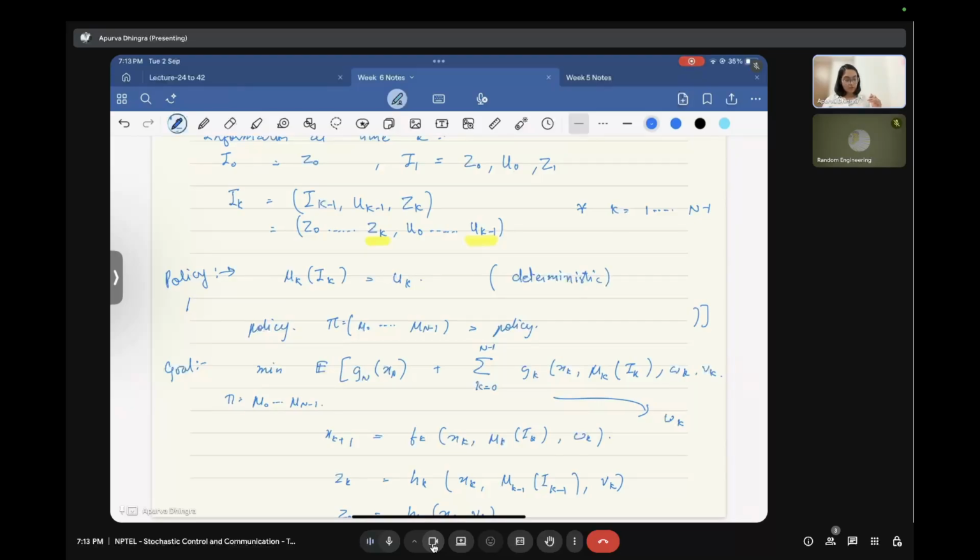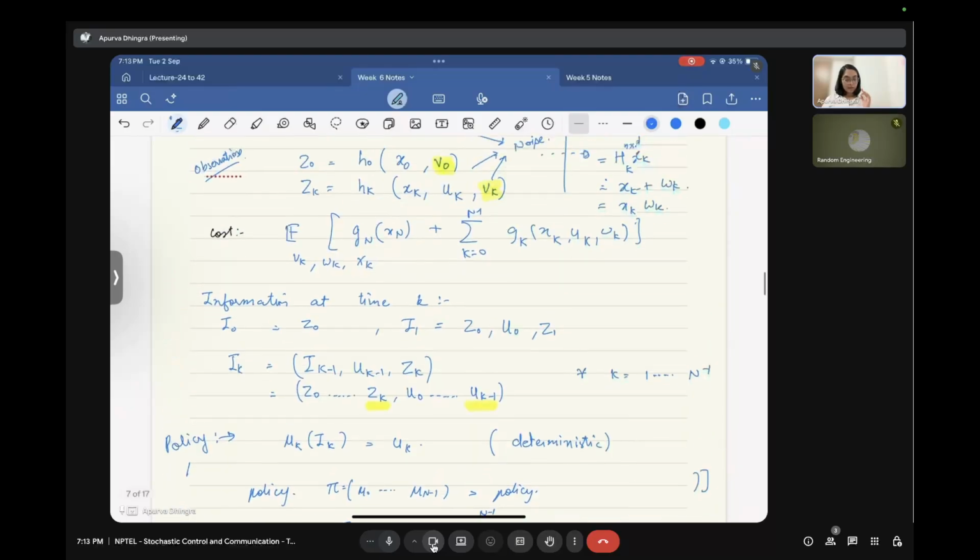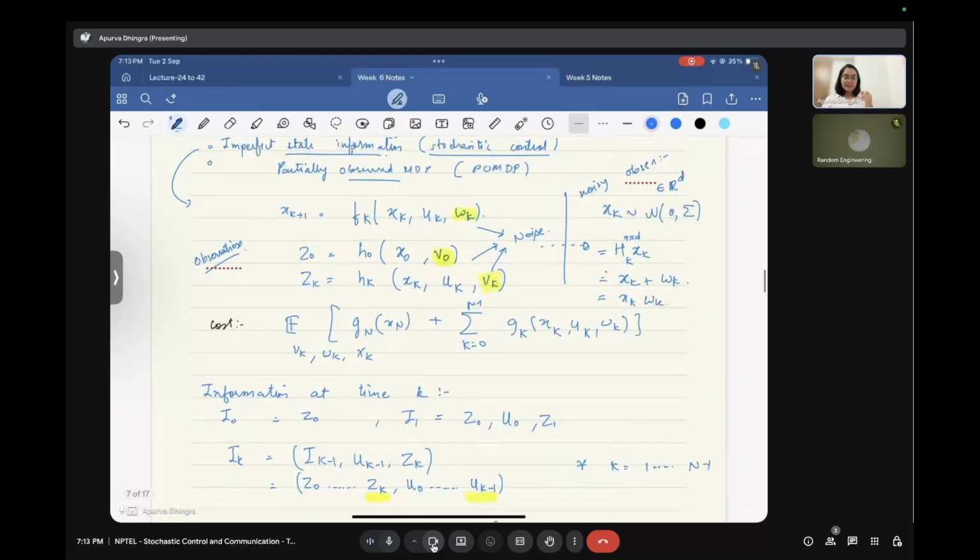Now before we go any further, just notice this thing. Because the true state xk at any time k is not known to us, any added information is actually of value.